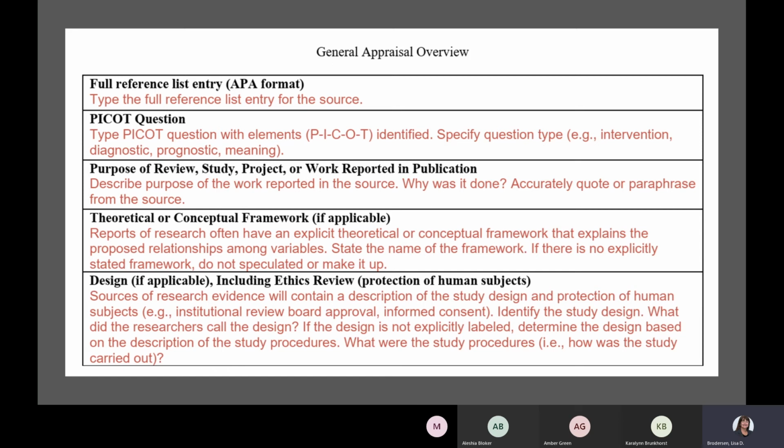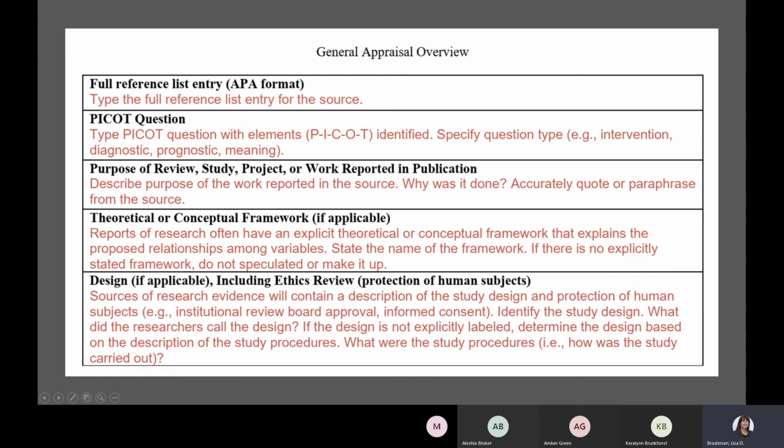But the expectation here is that you be able to determine and classify the type of design, even if the researchers or the authors do not explicitly label it as a particular type of design. Okay.